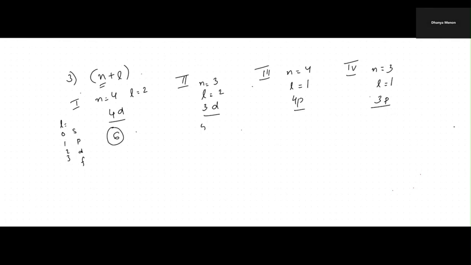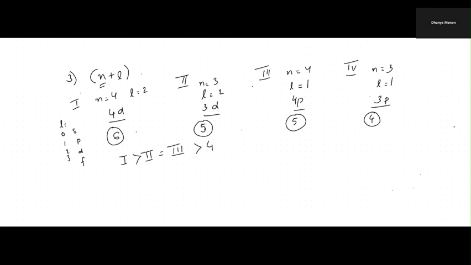We follow the N plus L rule for the energy, right? So this also comes to be 5 and this comes to be 4. Okay, so 1 is greater than 2, which is equal to 3, which is greater than 4.